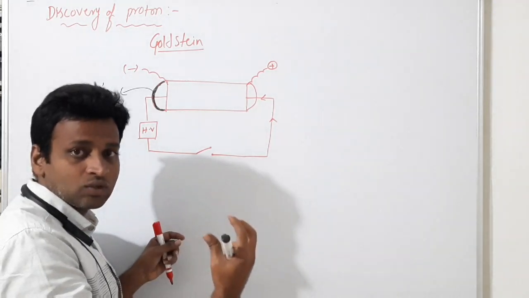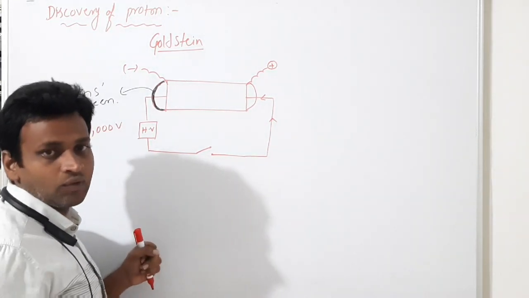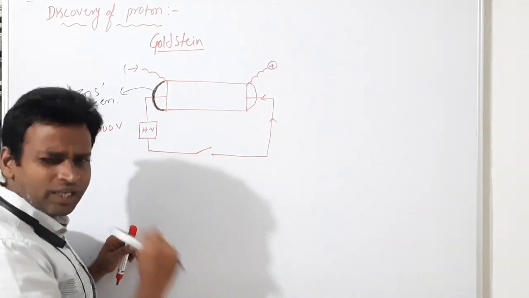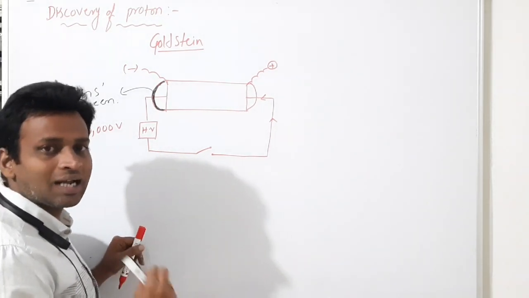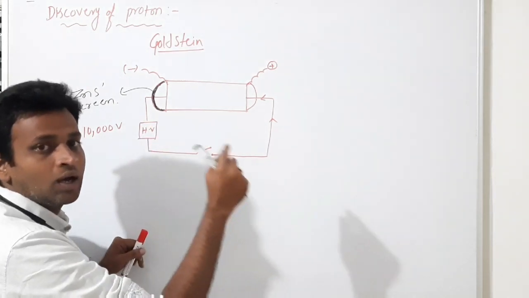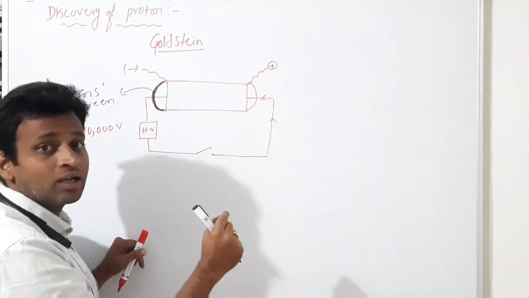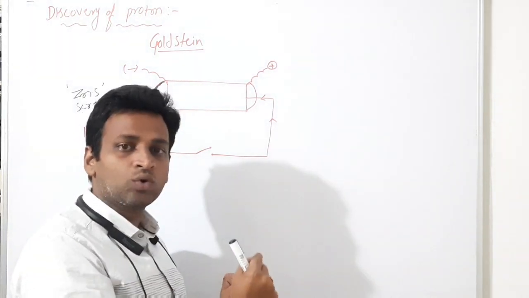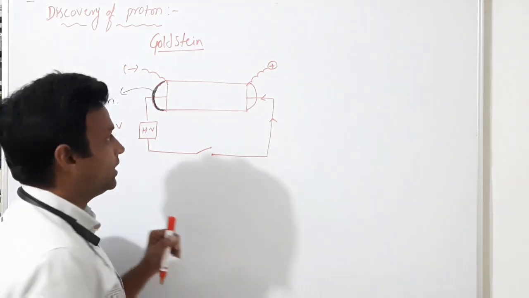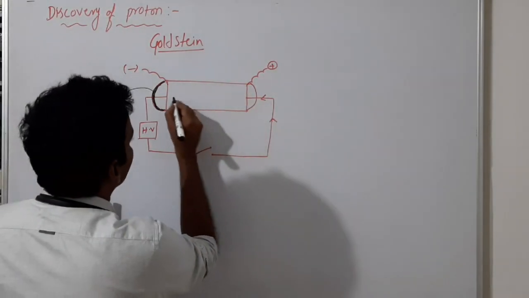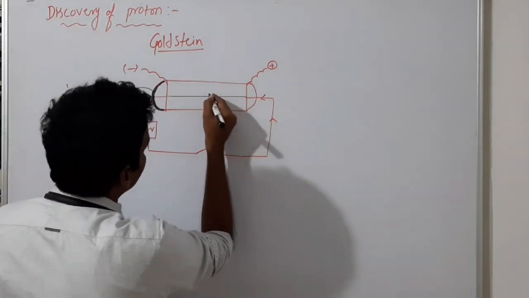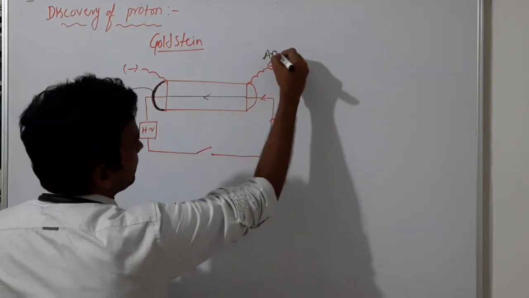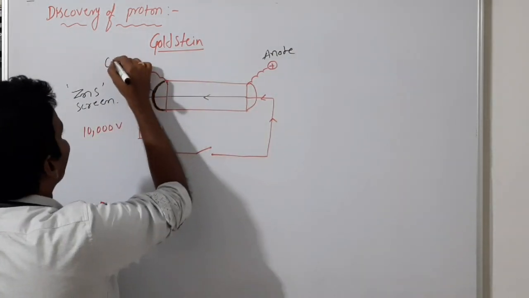You get a flash when those rays hit the screen. The cathode rays travel from cathode to anode, but the anode rays travel in the opposite direction, from anode to cathode, right to left.